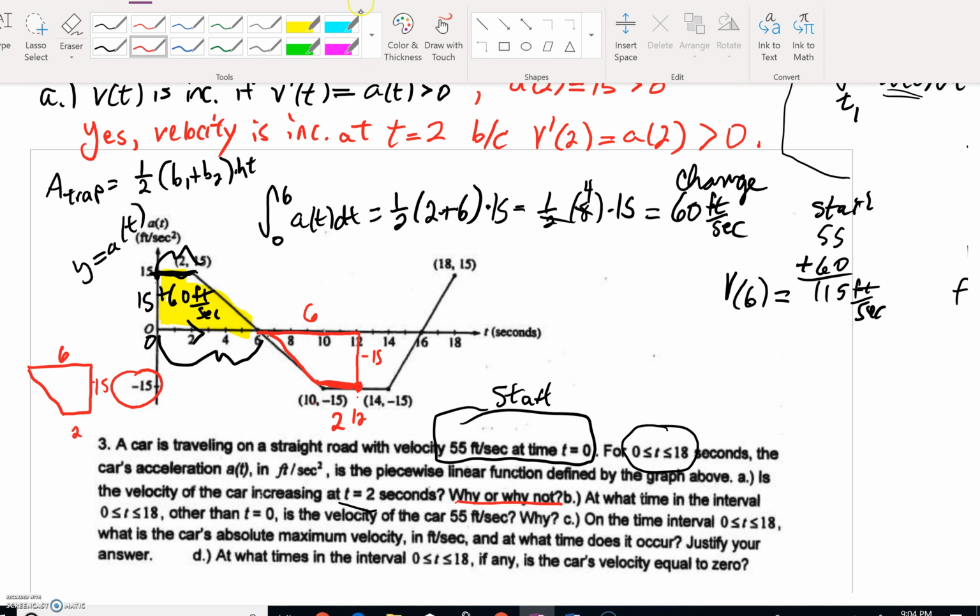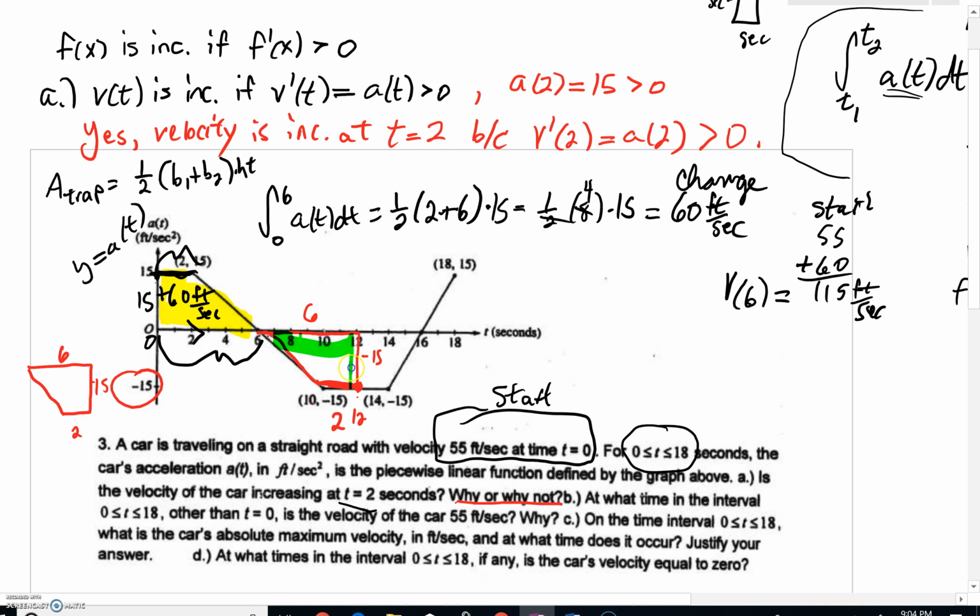What are we really getting at? I'll tell you what, guys. This thing right here, we could say in a heartbeat is going to be negative 60 feet per second. That's where acceleration is negative. All these y values are negative. So in other words, what we're really seeing is this.